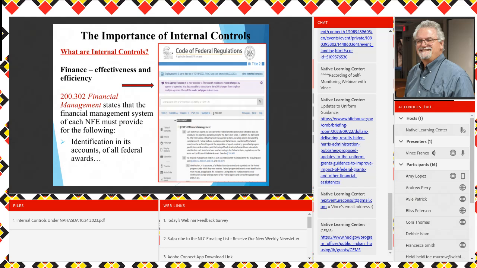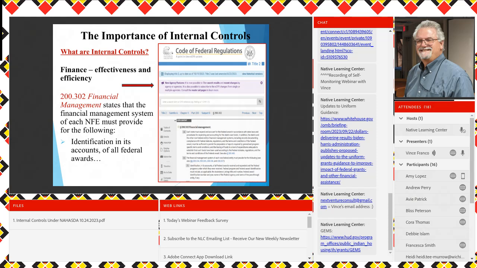That is clearly stated in the federal guidelines, and you can look it up yourself, 2 CFR Part 200, 302. The name of it is financial management. It is a requirement. It's one of the major internal controls. You should have a series of policies and procedures in your organization that support all the different financial transactions and activities under the umbrella of financial management.